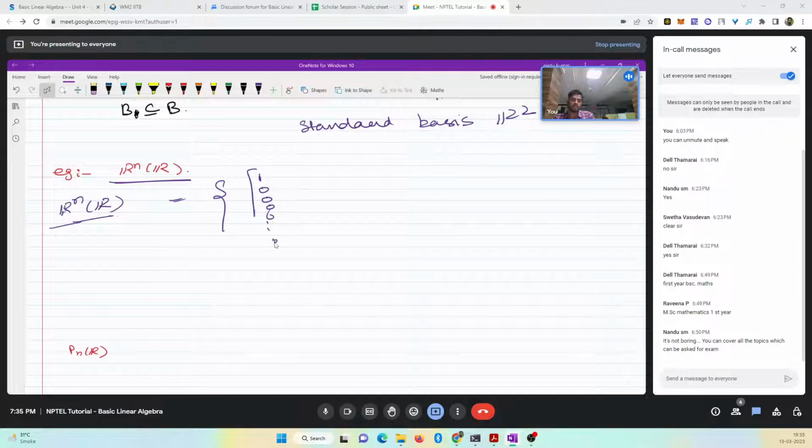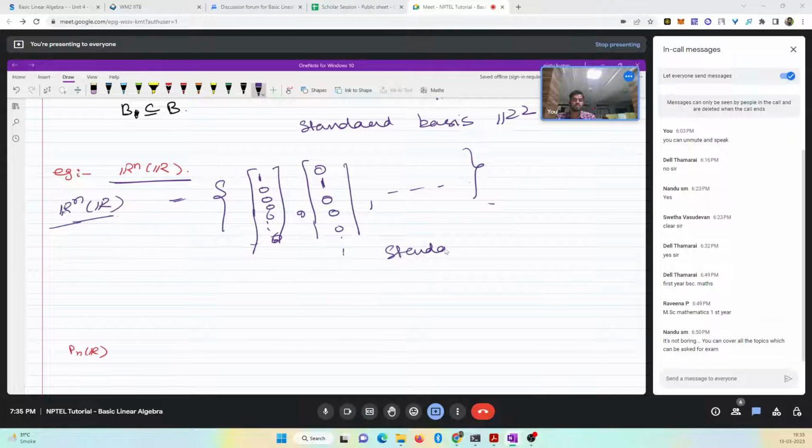You have n such entries, n minus 1 zeros, and in the next one you have 1 at the second position, and in the third and so on. If you make a collection of these kinds of vectors, then you obtain the standard basis for Rn over R.